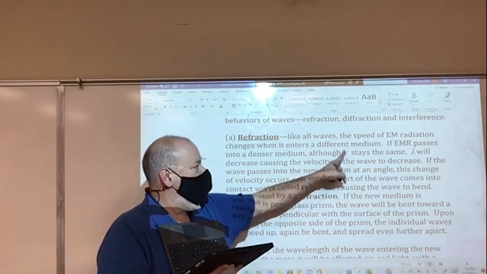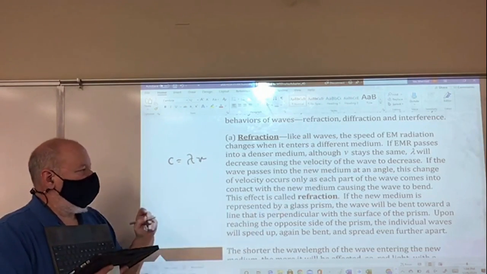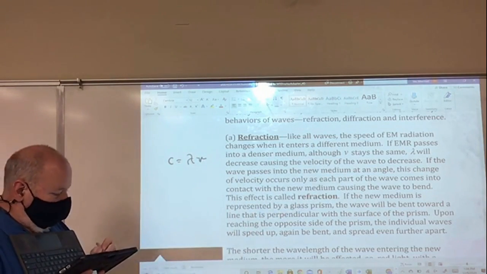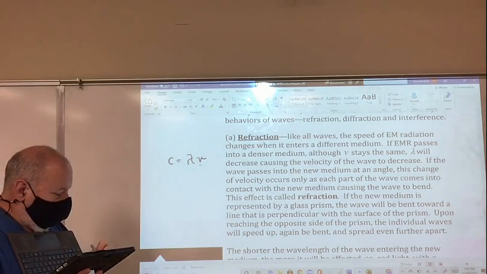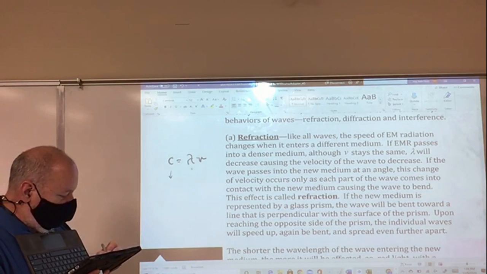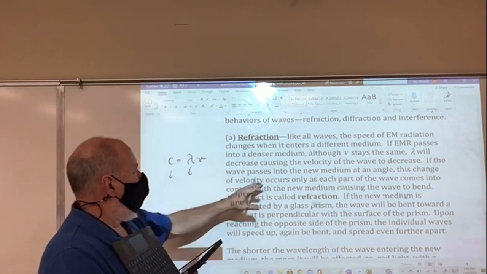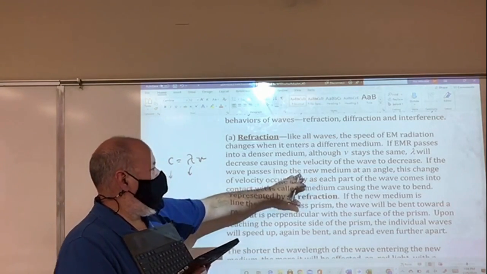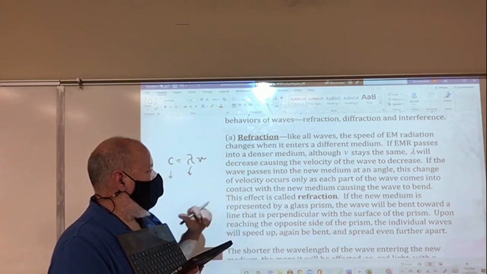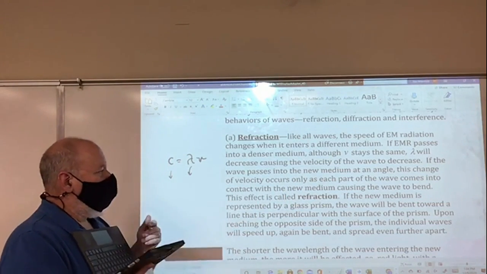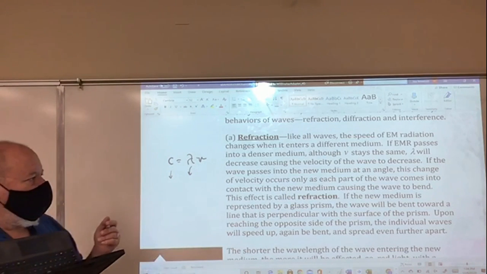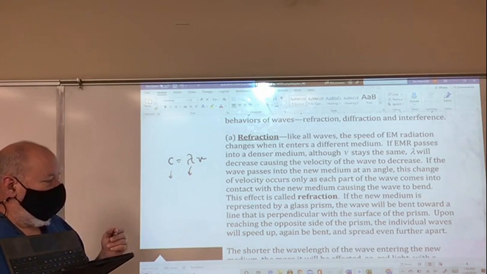So the frequency of the wave is going to stay the same when it goes through a different medium, but in order for me to decrease the velocity, I'm going to have to decrease the wavelength. Okay? If the wave passes into the new medium at an angle, this change of velocity occurs only as each part of the wave comes into contact with the new medium.